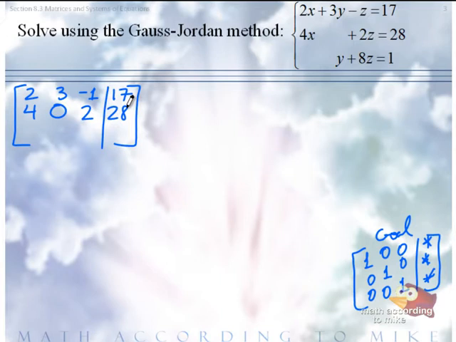What's the last row? Where that 2 is at, we need a 1.